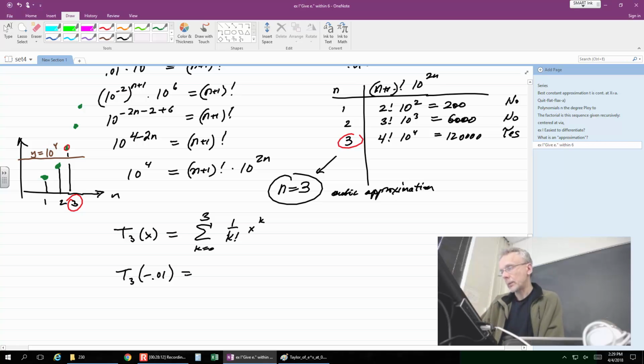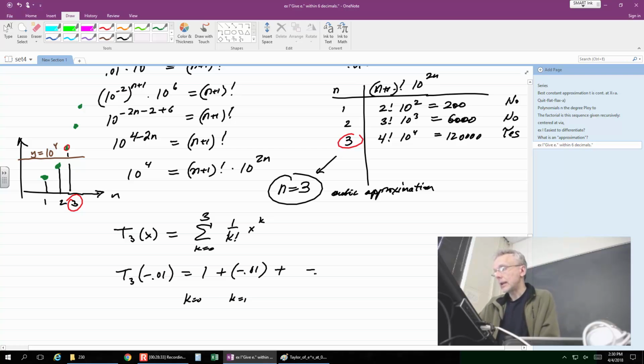The first term, k equals 0, is simply 1. For k equals 1, I have x, which means negative 0.01. The next one is negative 0.01 squared multiplied by what?